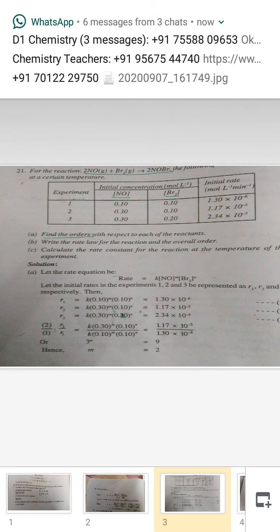See here, in R1 and R2 the concentration of Br2 is constant, so we can cancel that term. So we get only 0.30 to the power m divided by 0.10 to the power m. So we will get 3 to the power m equal to 9. So m is equal to 2.